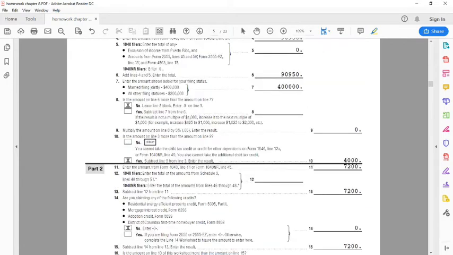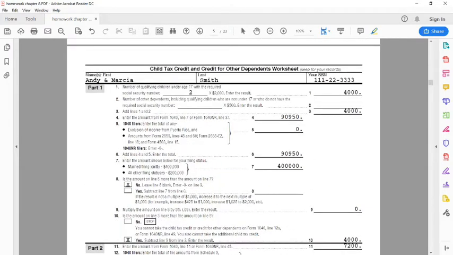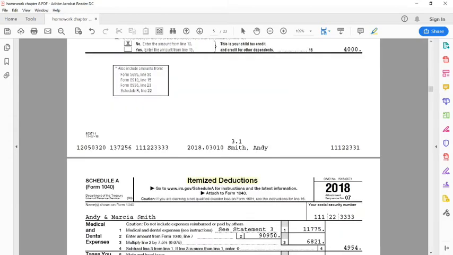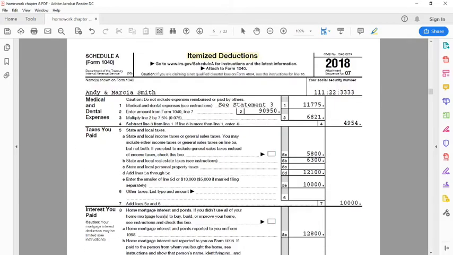So let's move forward and look at, let me just show you this real quickly. This is a pause for a minute, just to show you that if we had calculated for Andy and Marcia the fact that they had 2 dependents, we would have shown that those 2 dependents were allowed that $4,000 child credit, but the problem told you to ignore it. So we'll move forward and look at itemized deductions.